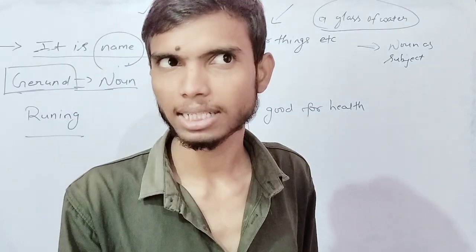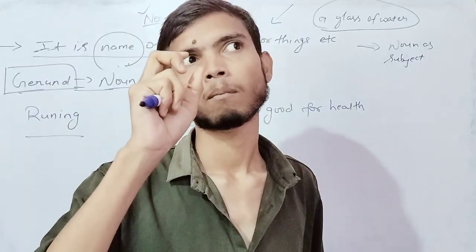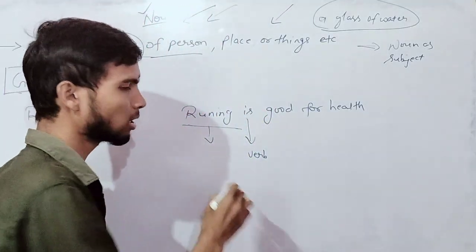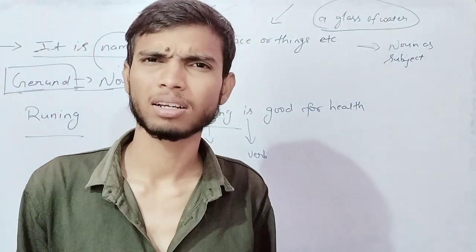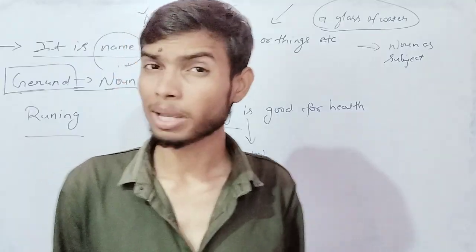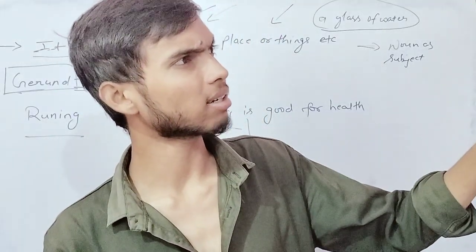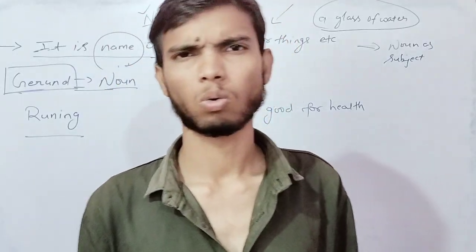Would it be an action verb? No, I think no. For example, running can run. What is happening? Is that making sense? Running can run. Is it making sense? No.